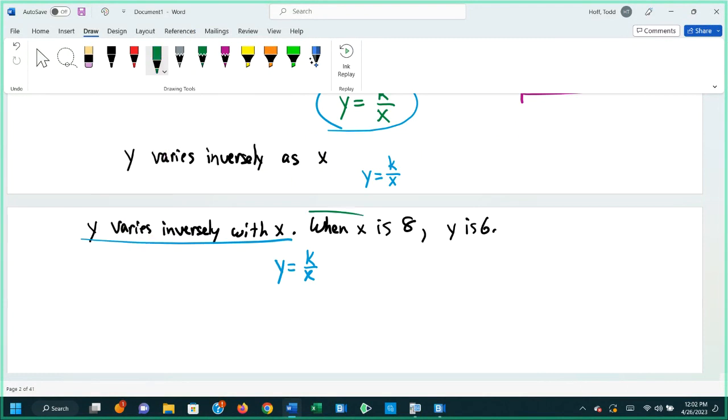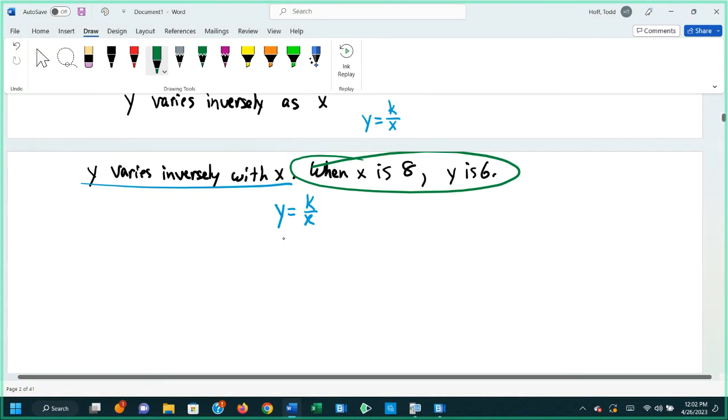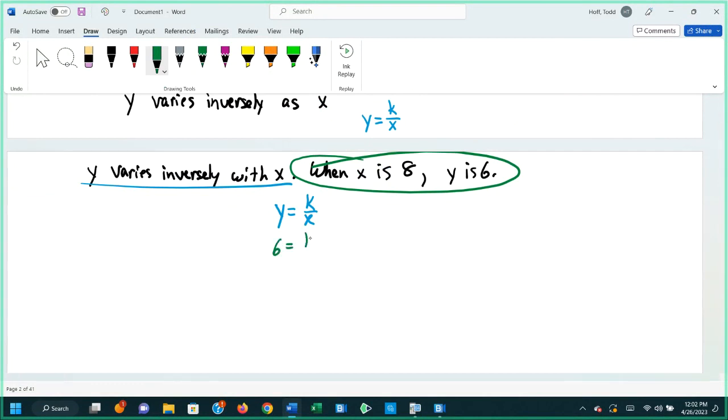Then we have that known condition, the given condition. So we're going to put 6 in for y equals k over, we'll put 8 in for x. And to solve for k, we're going to just multiply by 8. So 6 times 8 is 48. K equals 48.